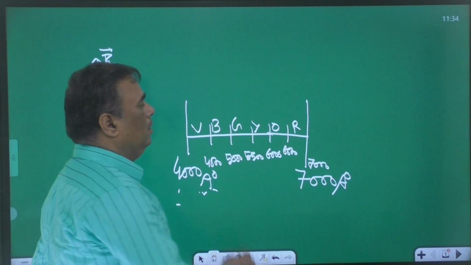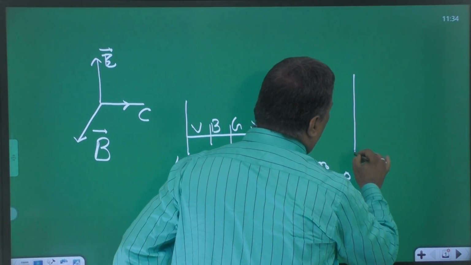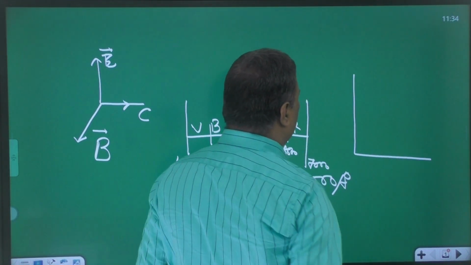After that, sensitivity of the eye with the wavelength.